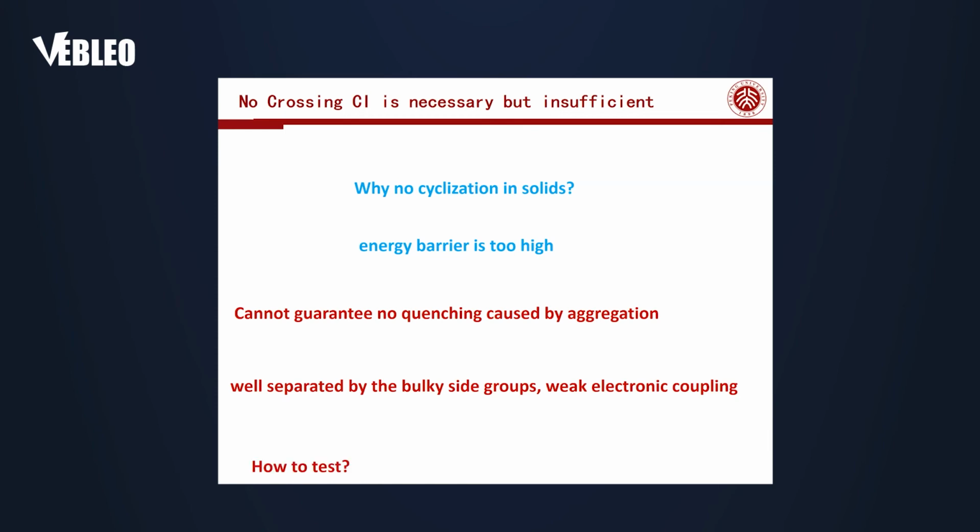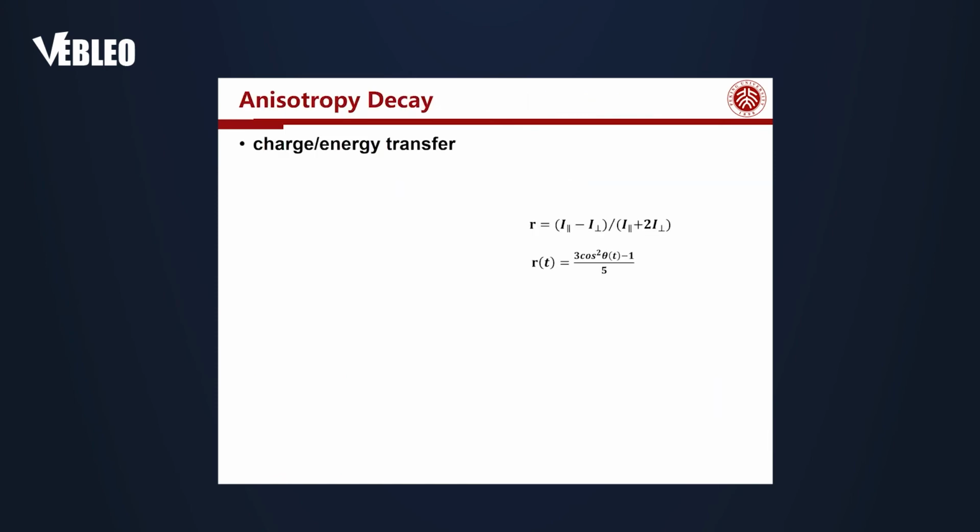Then certainly you may ask me, how can you test this proposed mechanism, that the side groups actually have the effect of separating two chromophores further away? Experimentally, it's actually quite easy. It can be tested with anisotropy measurement. As we know, in the solid, two adjacent molecules have different orientations.